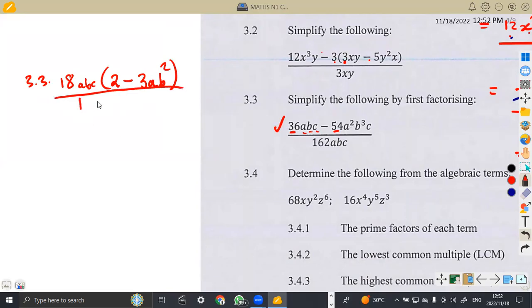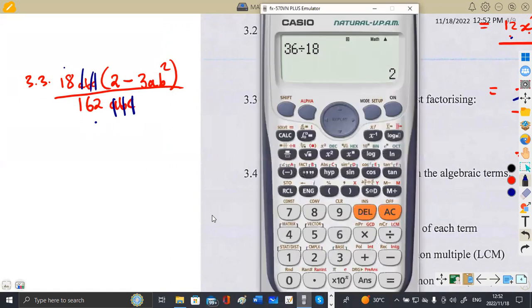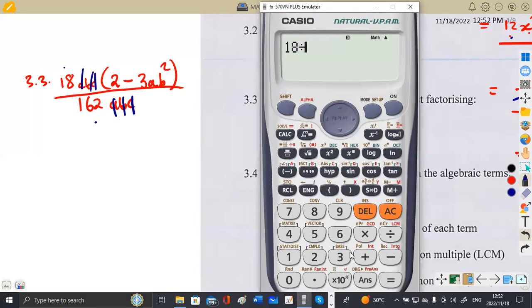Everything over 162ABC. So the ABC can cancel. We are left with 18 and 162. Can these two be divided? This one you can just divide on your calculator. 18 divided by 162, we got 1 over 9.